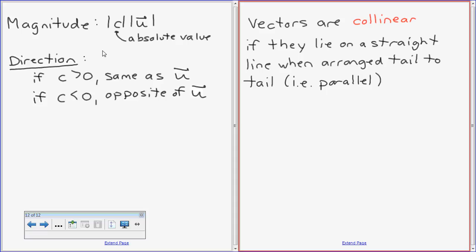To put that into English, collinear means they lie on a straight line, which means parallel. That's what it means.